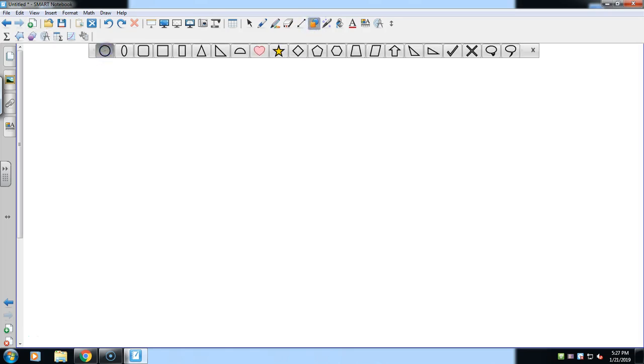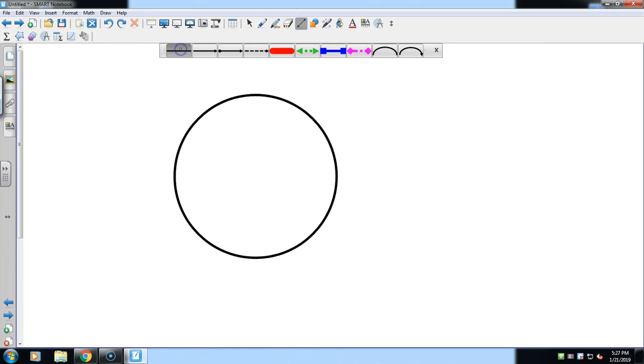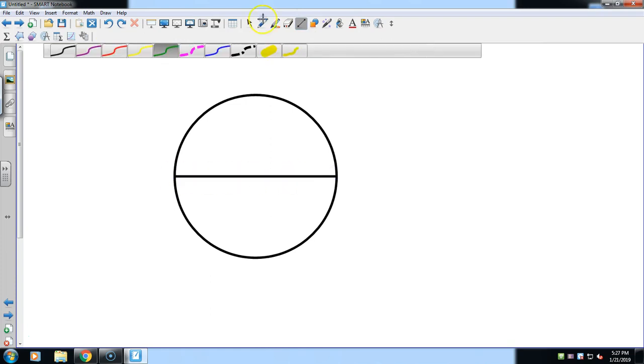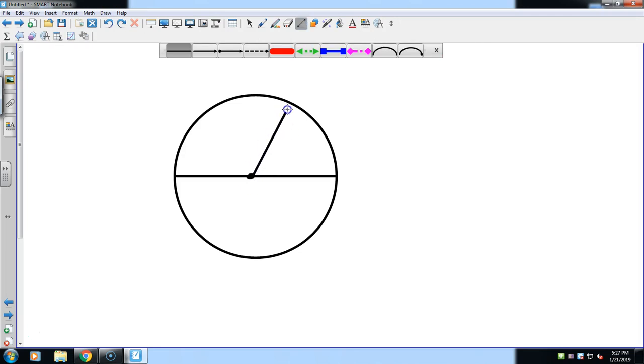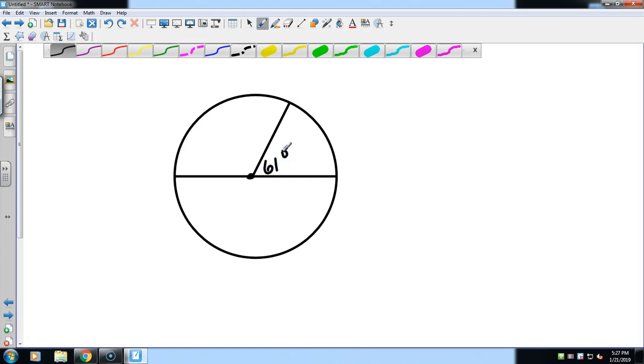Let's just start with the basics. Let's say I've got a diameter there. And if I told you this was 61 degrees, and let's label A, B, C, and I asked you if you could find arc BC. Well, if I want to find arc BC, then I need to find angle CDB.